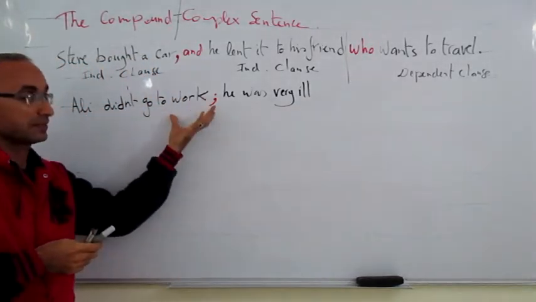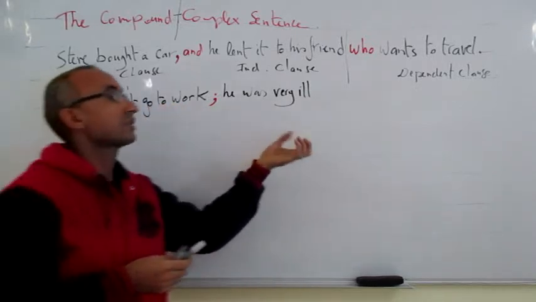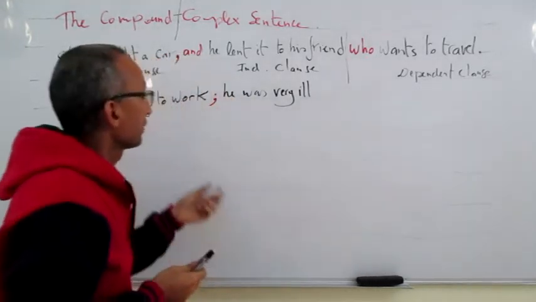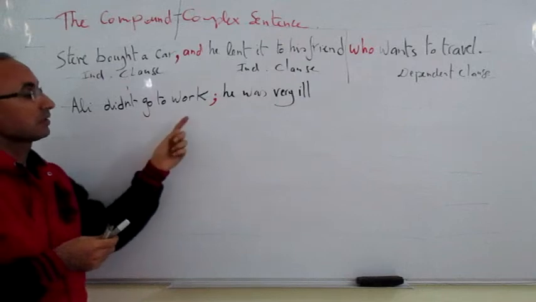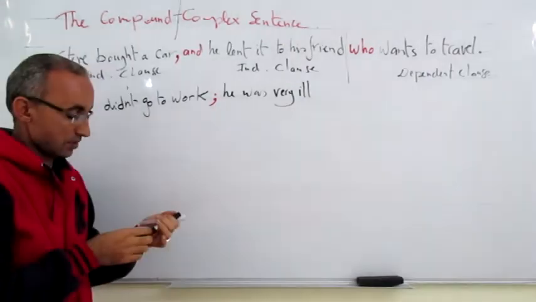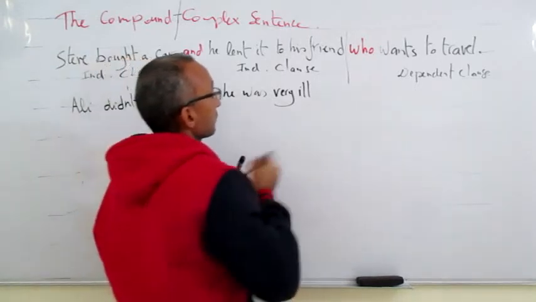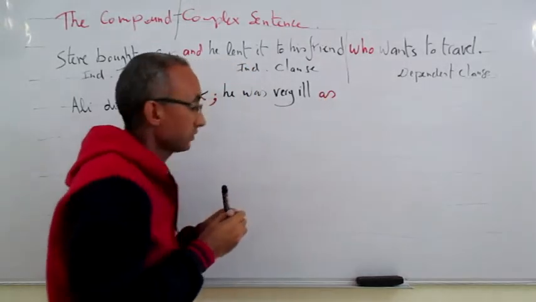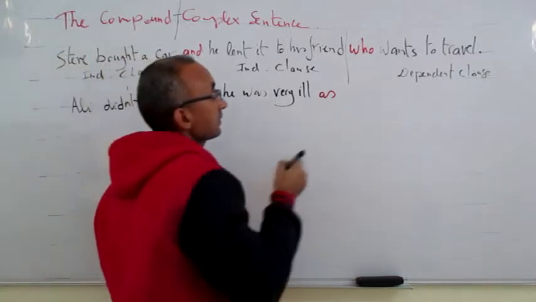A compound sentence. If I want to turn it into a compound complex, I must add here what? Another dependent clause. Okay, he was ill, so he didn't go to work. Because or as, a conjunction of subordination.